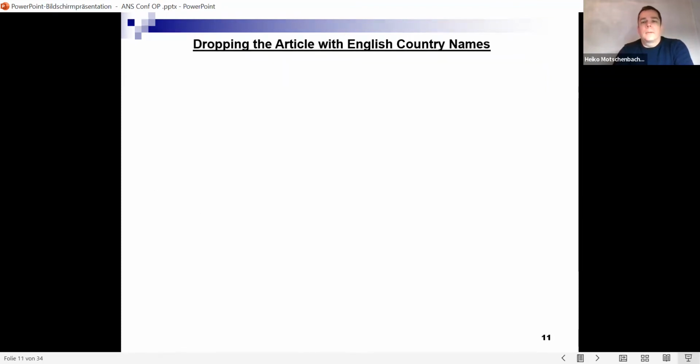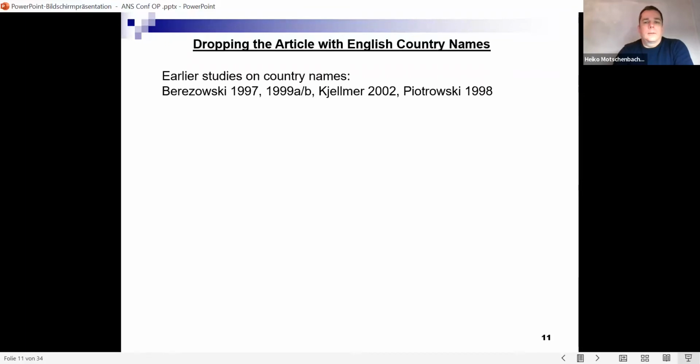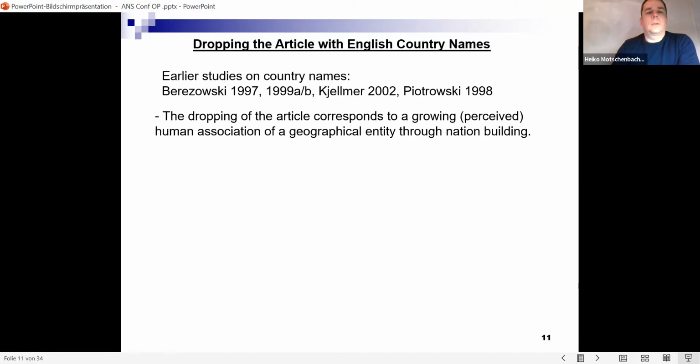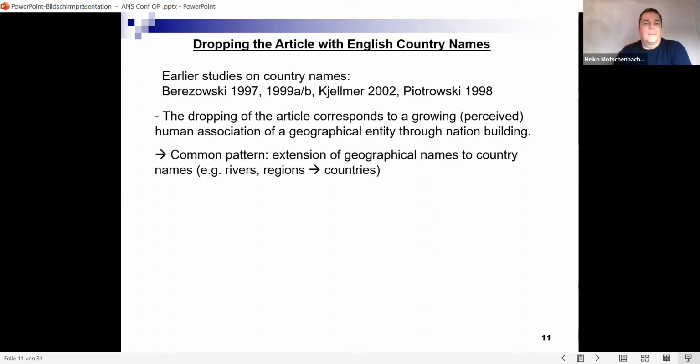So of course, there's been earlier research on this, and these are the people who have carried out this research. And what they found was that the dropping of the article corresponds to a growing perceived human association of a geographical entity through nation building processes. So the default process seems to be that we have an extension of a geographical name to a country name.